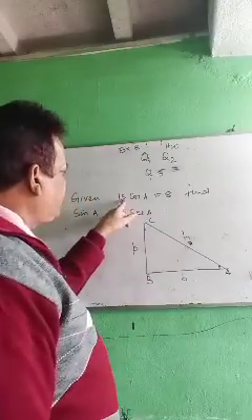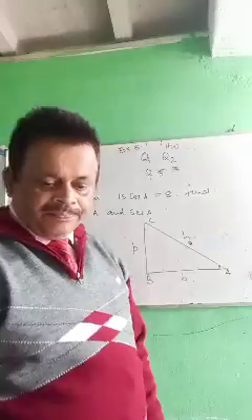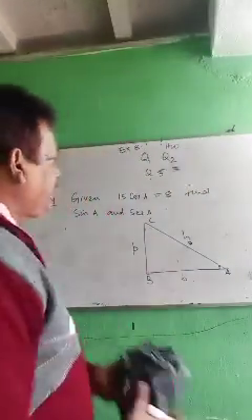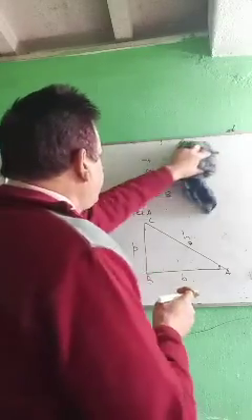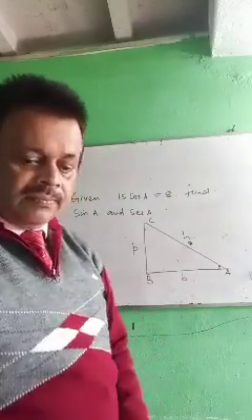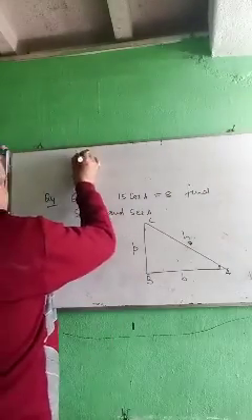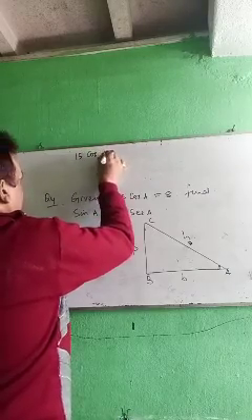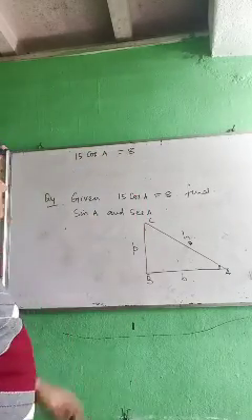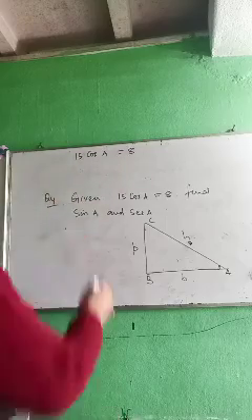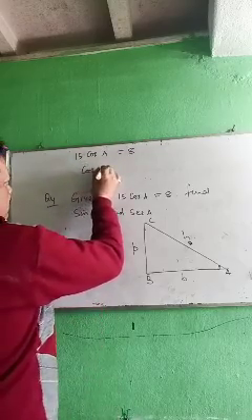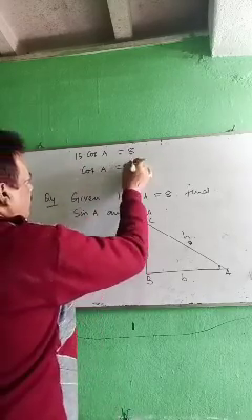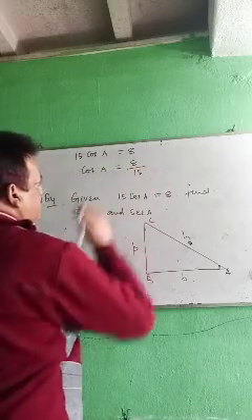Now look here. 15 cot A equals 8. Take this 15 to this side. Cot A equals 8 by 15.